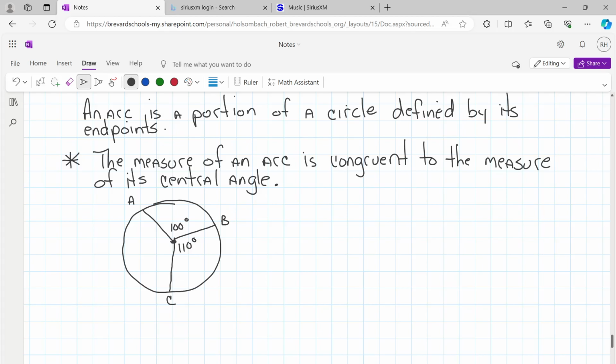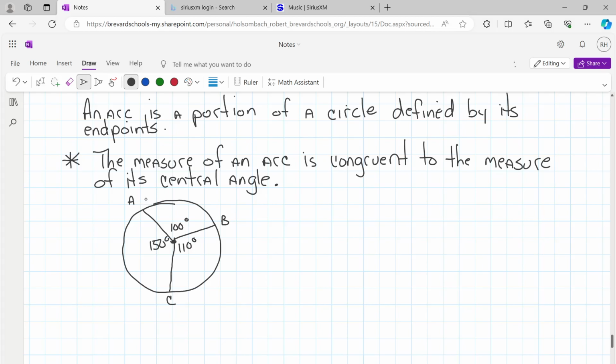So we've got 360 minus 210 is 150. 150 degrees. So those are our three central angles and their measures.